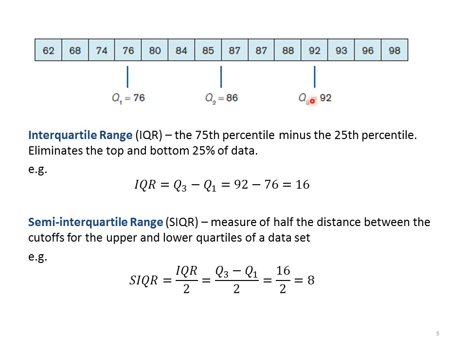So it's this distance divided by 2. So it's 8. Now we see the outliers have little influence over the measure of variability in this data set. However, we also include only half or a quarter of the scores in the data set.